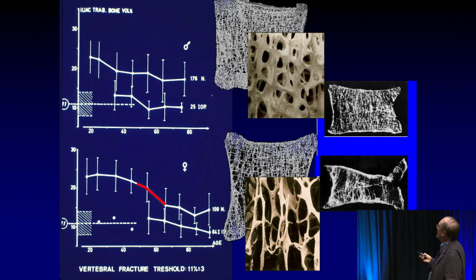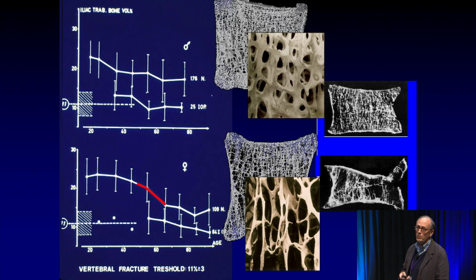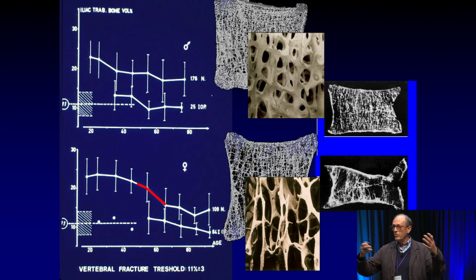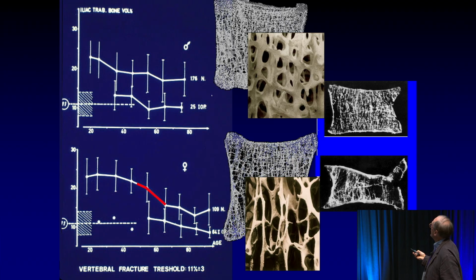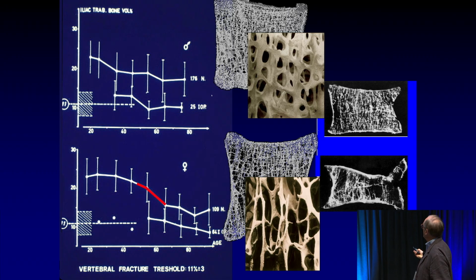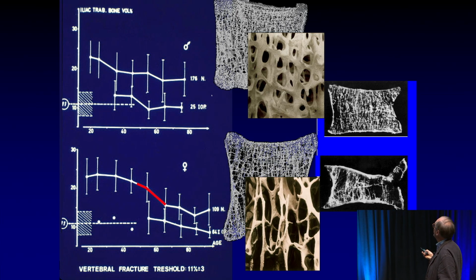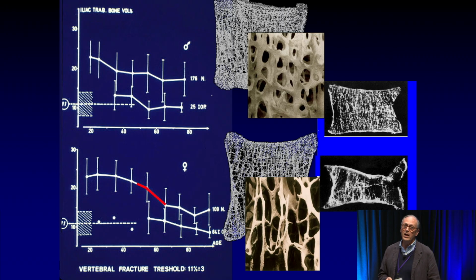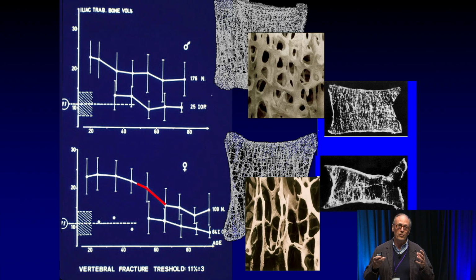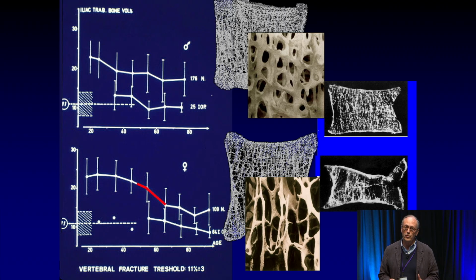Now, if you started from a lower peak bone mass, which is the bone mass you've acquired at the end of your growth period, let's say, so if you start lower than the standard, you reach a level that we call the fracture threshold, in which now you have so little bone that the microstructure of the tissue is modified compared with normal and does not allow sustaining the normal weight of your body.